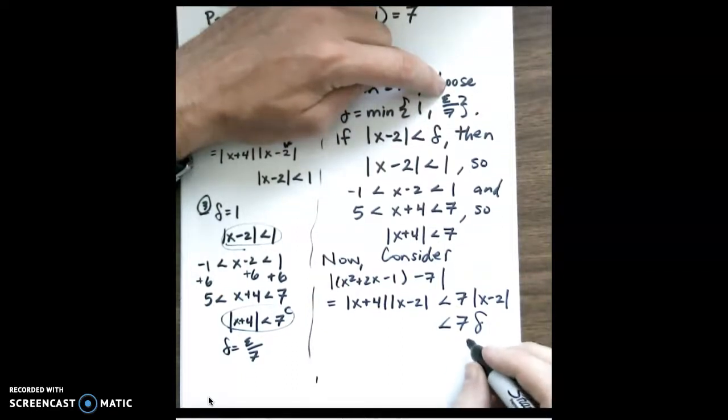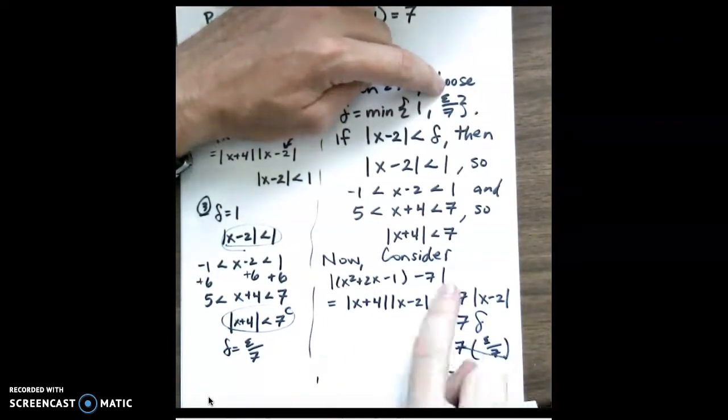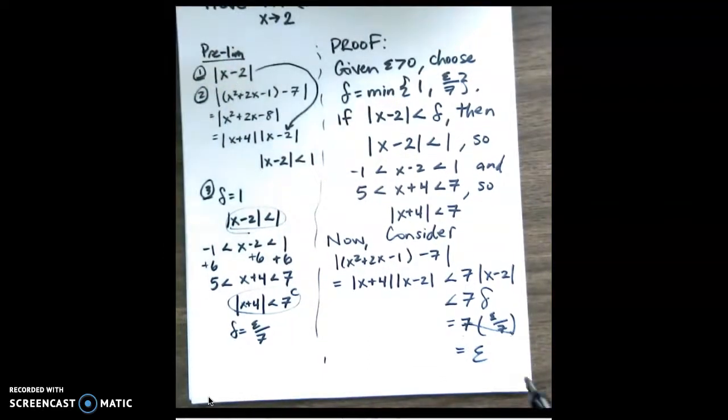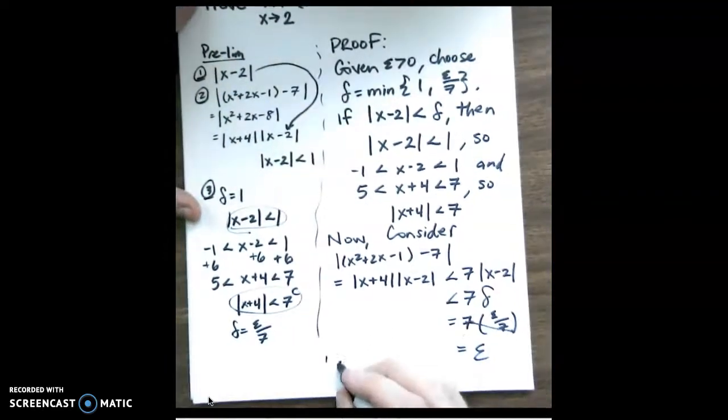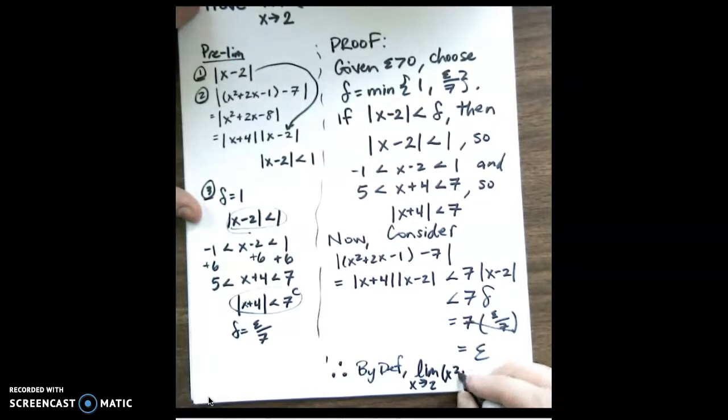Let's put which equals 7 times epsilon over 7, and the 7's cancel, and so we have the function is less than epsilon. So that's what we wanted, and then we can just conclude by saying therefore, by definition, that limit exists. So that limit is true, and it equals 7.